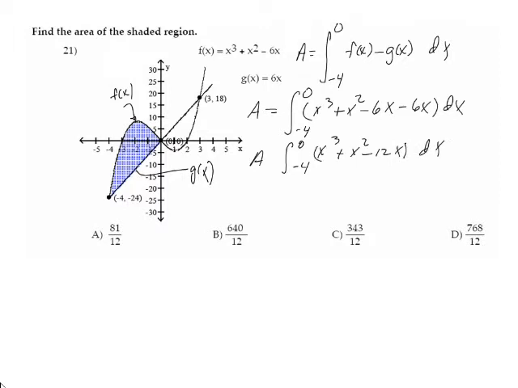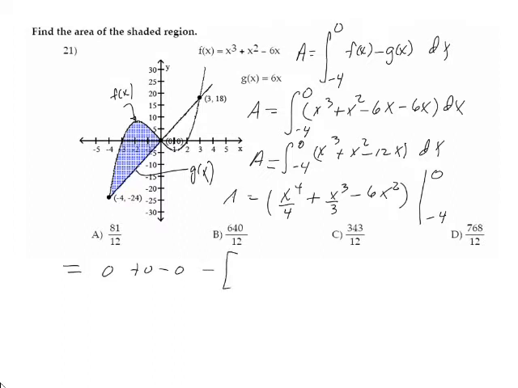Doing the integration, we get that the area is equal to x to the 4th over 4 plus x cubed over 3 minus 6x squared. Evaluate between -4 and 0, and we get 0 plus 0 minus 0 minus, plugging in -4, we get 256 over 4 minus 64 over 3 plus 96.